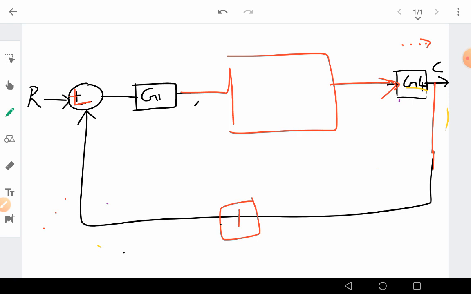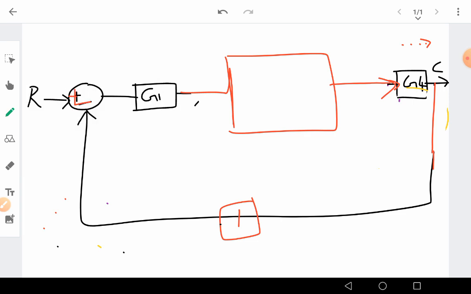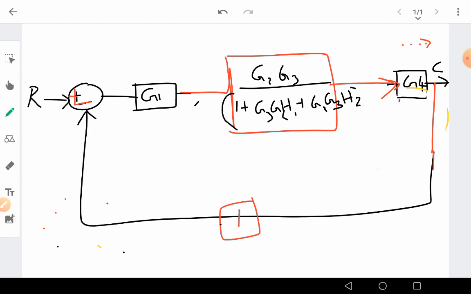So this block is now simplified. After applying the feedback formula, we get G2 G3 divided by 1 plus G3 G4 H1 plus G2 G3 H2. So this is the net after applying the feedback.